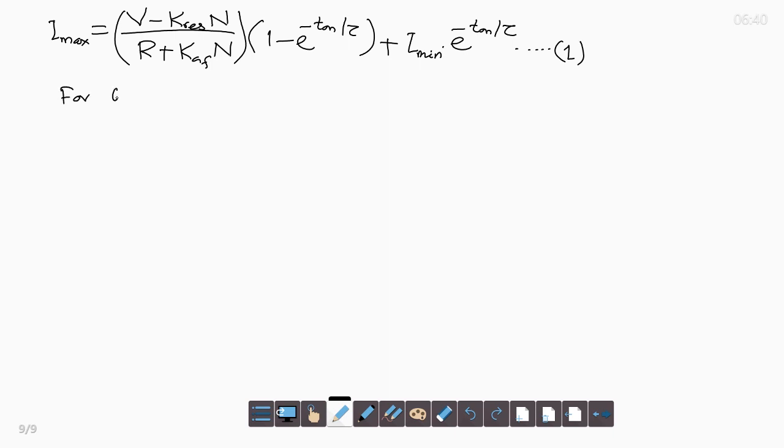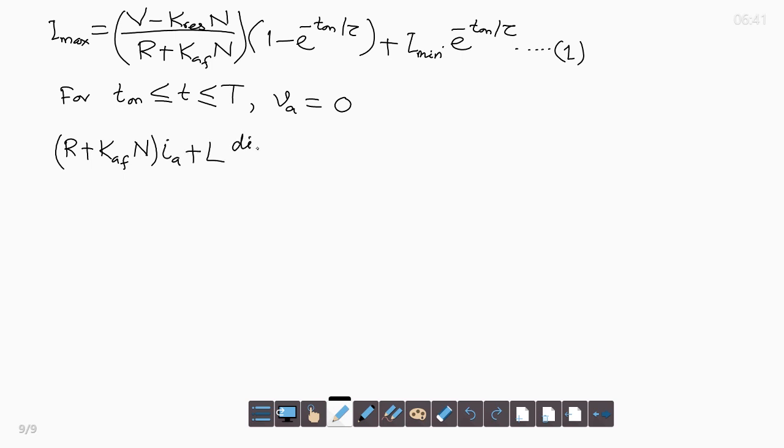Now, for time between t on to t, that is the off time, freewheeling action takes place. So, V A equals 0, V equals 0. So, we will write the equation: R plus K A F into N into I A plus L into d I A by dt equals V, which is 0, so you have minus K residual into N on the right hand side.